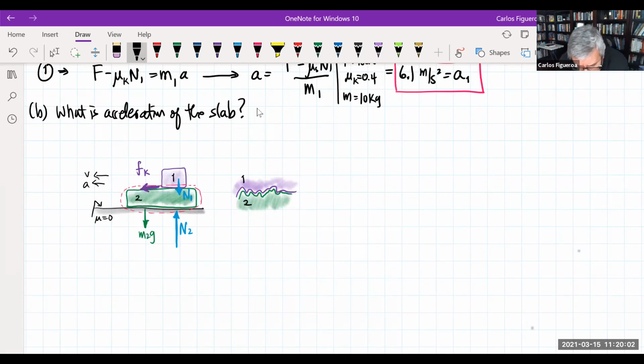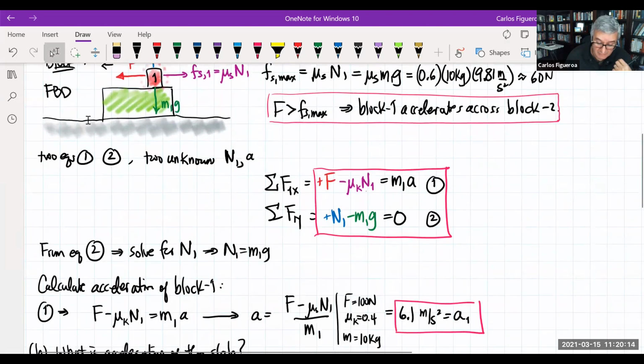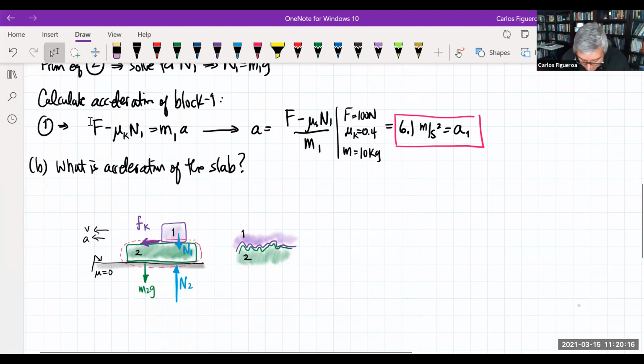Now, when we were looking at block 1, we saw that there was a force F. And which direction was the force F going? It was being moved to the left. So let's look at this. As the force is being applied in this direction, look at what the green is doing to the purple. The green is going to apply a force in that direction.